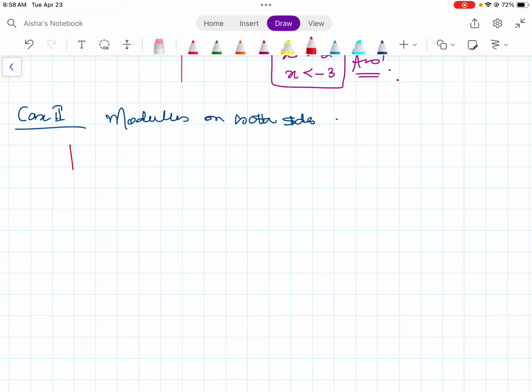For example, modulus of x plus 2 is greater than modulus of 2x. First thing is you solve the two modulus functions with a plus. Let's make it 2x.